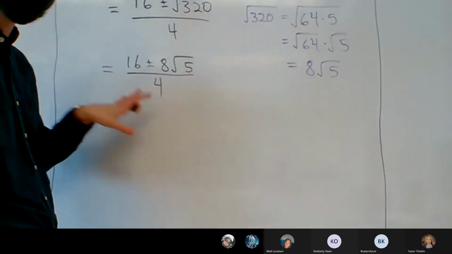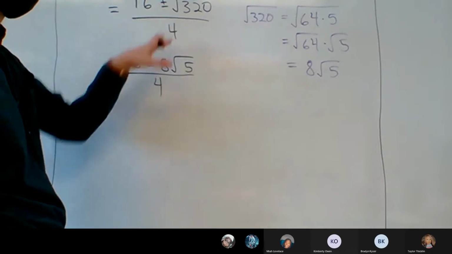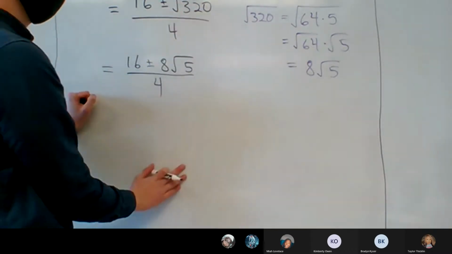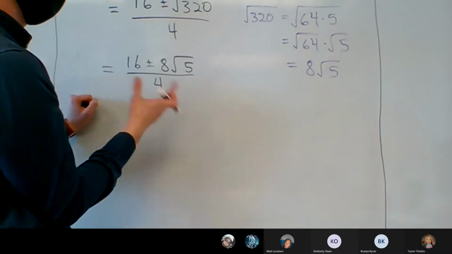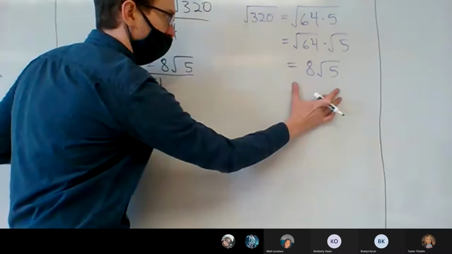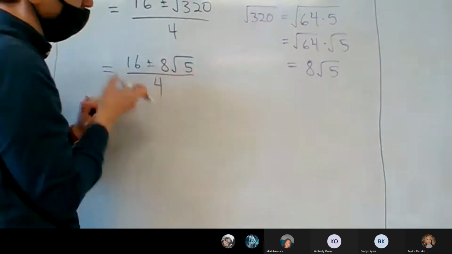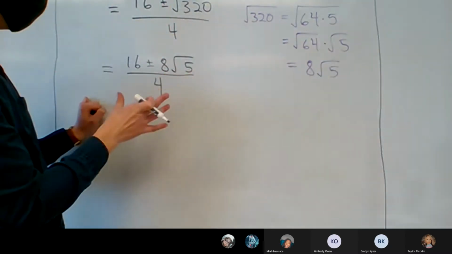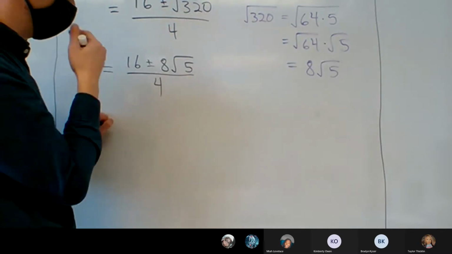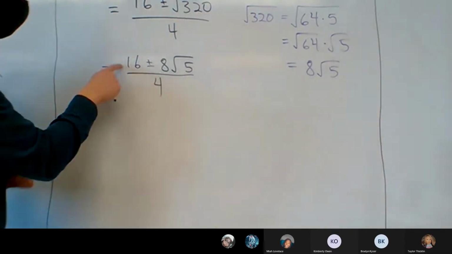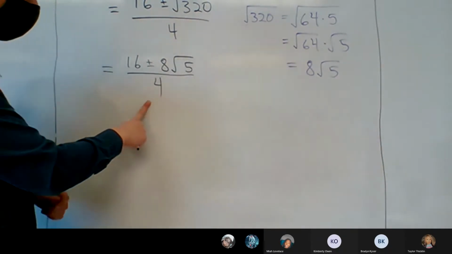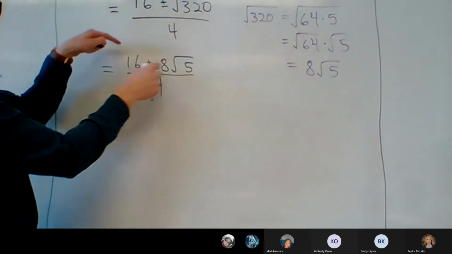Okay, I'm still not done. I told you we were going to do one where there's lots of extra work to do past just the operations inside the square root. This is kind of where it gets the most involved, where not only do you have to take your square root on the side and clean it up, but then once you put it back in, you've got to look at the fraction as a whole and say, there's more I can do here, because I actually know that 16 and 8 have a factor of 4. Meaning I can pull a 4 off of both of these two terms.